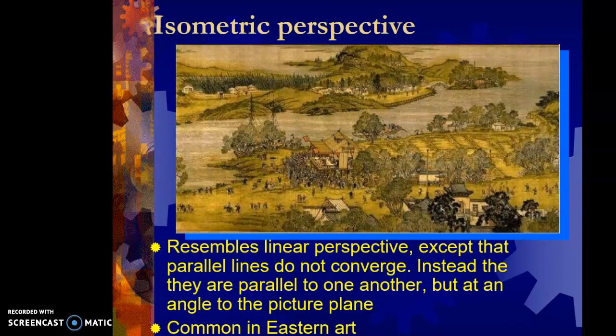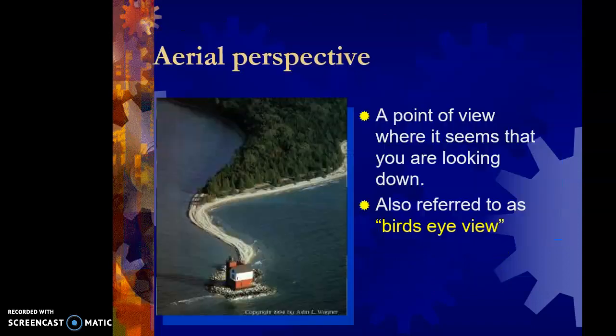But if I zoomed in on just that area of the bars in between without the tracks, then the area that would be closest to you is farther apart. Those horizontal lines will be farther apart. And then at the top of the painting, the lines would be really close together. So that's that isometric perspective, showing that depth through the horizontal.